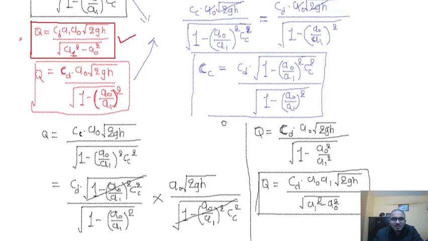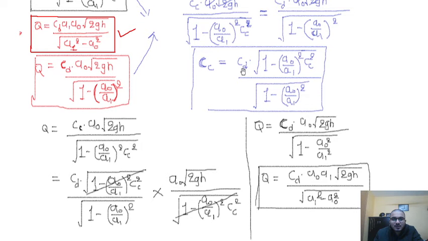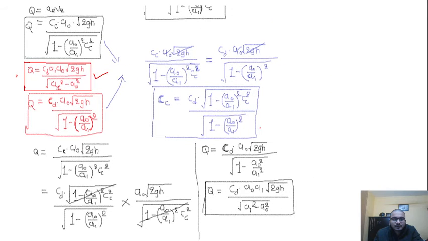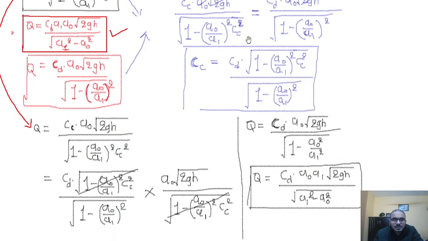So here we have obtained the value of Cc, and from there onwards we have continued this equation over here. The same equation is written here, as you can see, and we have put the value of Cc, which is written over here.